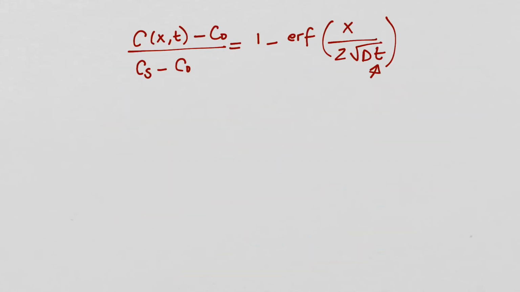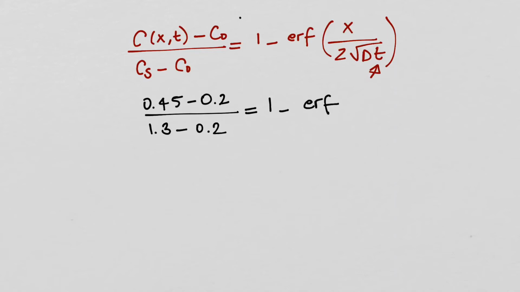So I put in the numbers: C naught is 0.2, so 0.45 minus 0.2 over 1.3 minus 0.2 is equal to 1 minus error function of x over 2 square root of Dt. And let's find out the value of the error function.